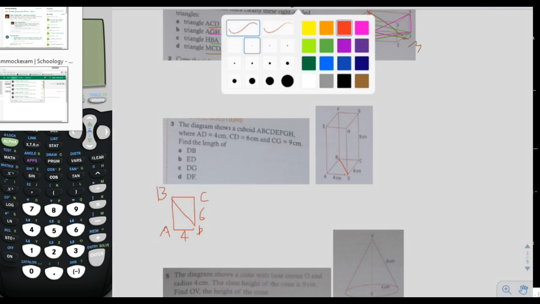I think we can, because if we draw the bottom out like that, we will see that this one is 4 and this one is 6, and we want to know what this diagonal is here. But actually, we also know that this is 4 and this is 6 because it's a rectangle. So we can figure out that the orange line here is, we can figure it out with Pythagoras' theorem.